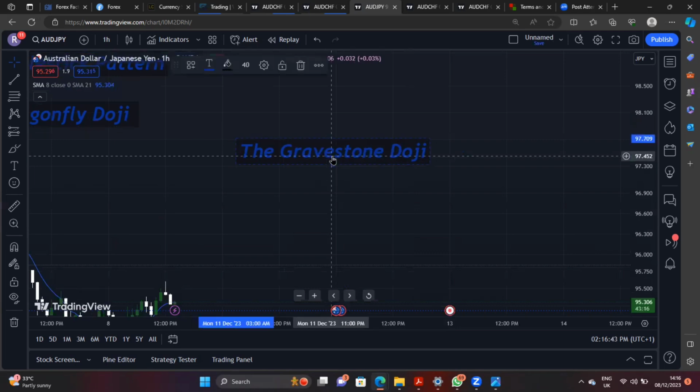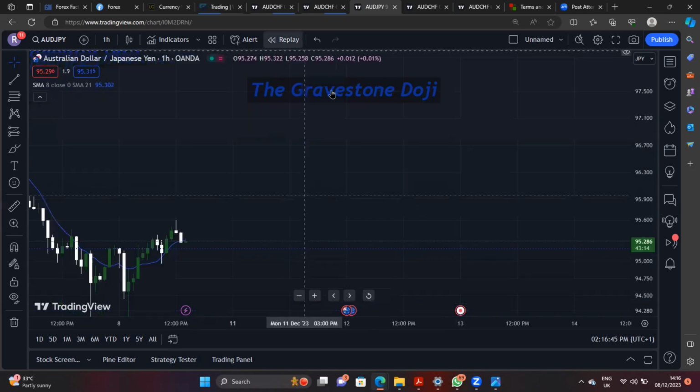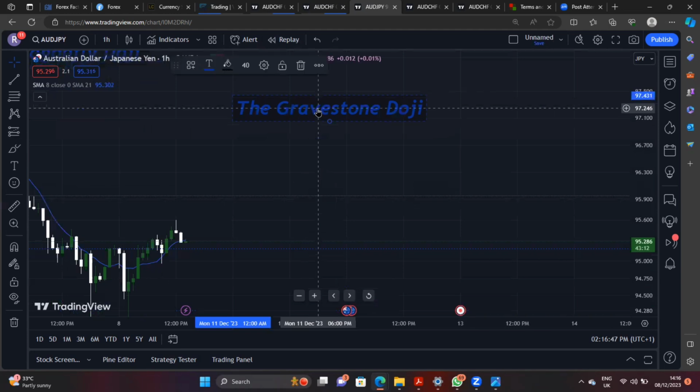That's the opposite of the dragonfly. We have the gravestone doji. So let's go into that quickly.